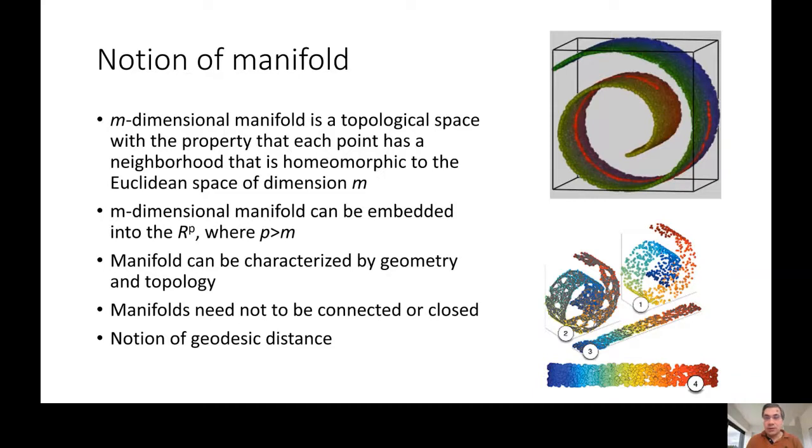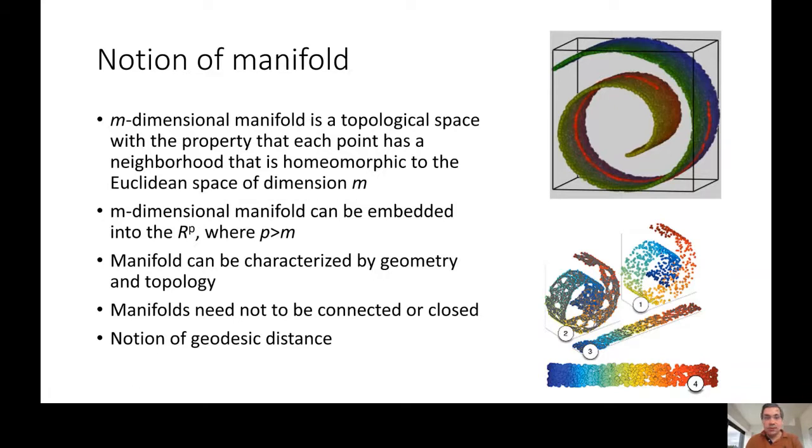Geometry for us will be the exact shape of the manifold, I mean, how it's embedded in the multidimensional space, and topology is a more generic characteristic of the manifold. By topology, usually we define some kind of global characteristics. For example, in this case, the manifold is topologically equivalent to a plane, while we might have manifolds of different topology.